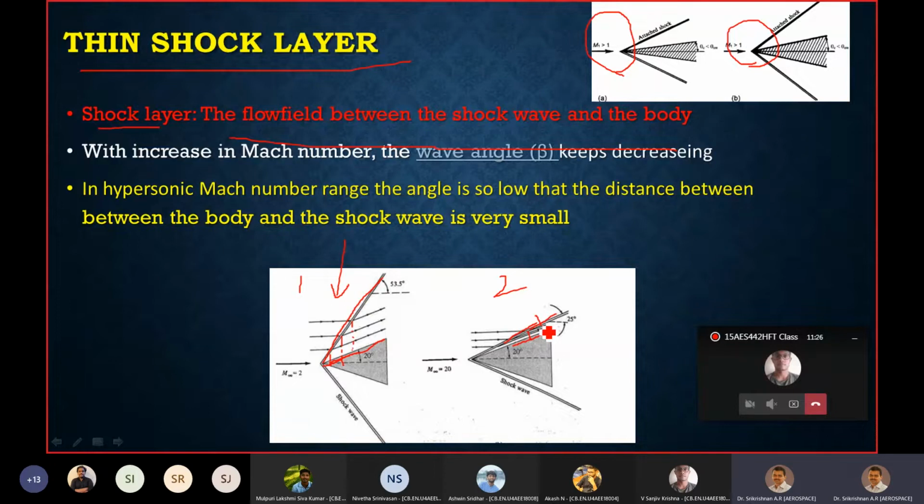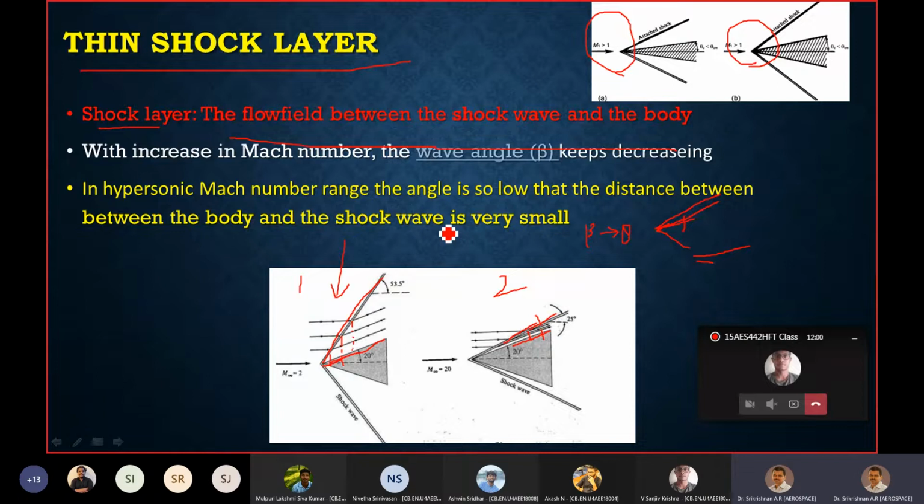If you have a corner or a pointed body like this, the shock wave will be very close to the surface, or in other words, the angle beta will be close to theta. Beta will approach theta as M tends to infinity, as the Mach number increases. So this is an important observation.